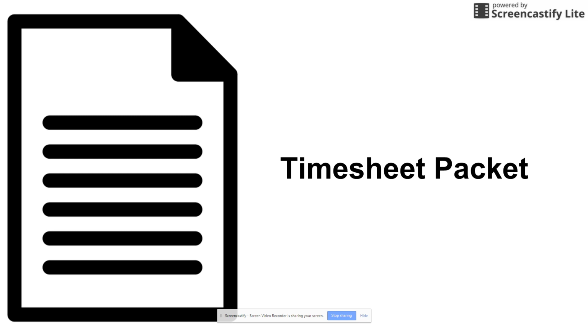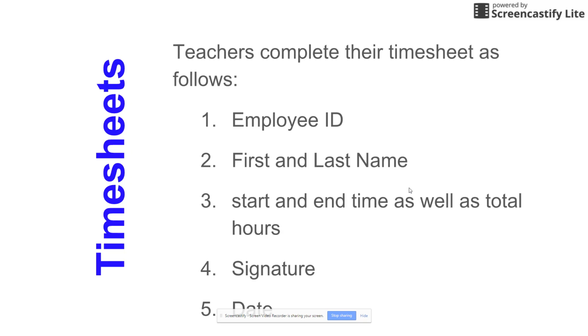Timesheets are a big thing with this, and we really want you to get in a routine of submitting these consistently and on time, so people can start to get paid, and so you are able to utilize the funds that have been allocated for each of your team members to participate in this project. When you complete timesheets, there are five big things. Employee ID needs to be there. First and last name, got to have it.